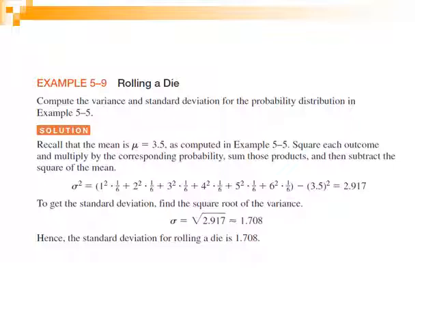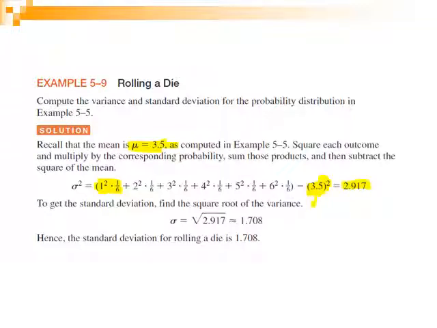Let's take an example. Rolling a die. Compute the variance and the standard deviation for the probability distribution. Recall in the example for rolling a die, we have mu equal to 3.5. By using the previous table, we can make a column for x squared, multiply each one by p of x, add them all, subtract mu square, and get the value for the variance, which is equal to 2.917.